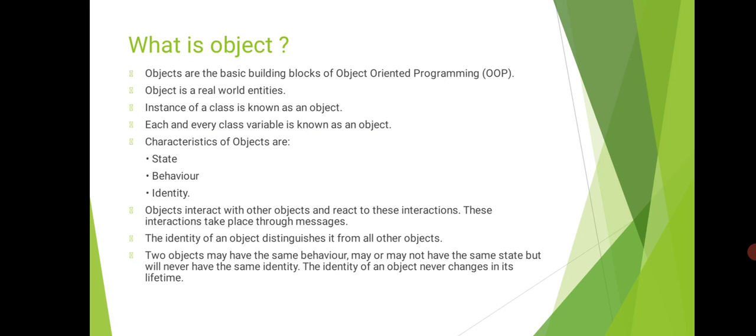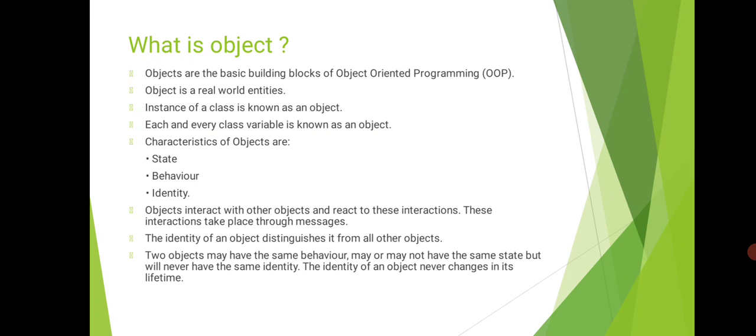Data members of a class means it will create memory for the member methods which are present in the class. You can also define each and every class variable as an object.